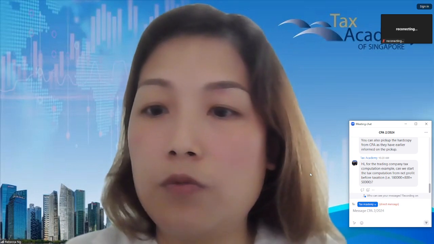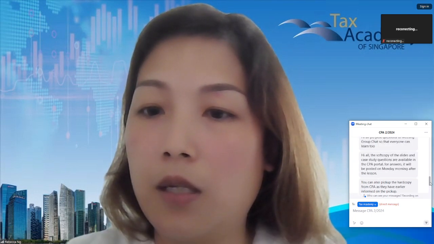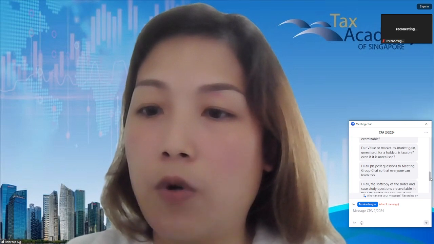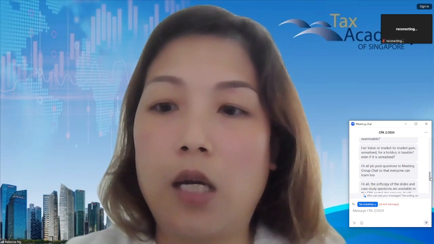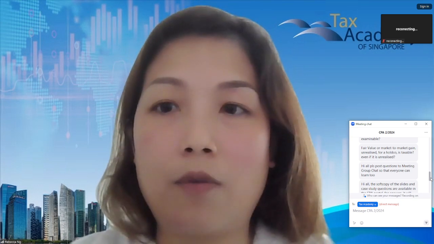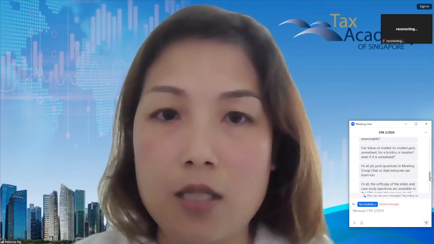Right? So for the fair value, there's a question on the fair value mark to market gain, unrealized, for a holding company, is it taxable? So we go back to what we have learned earlier on, whether a receipt is taxable or not.